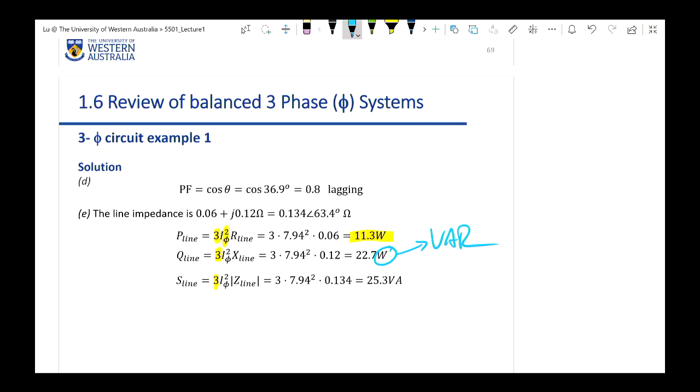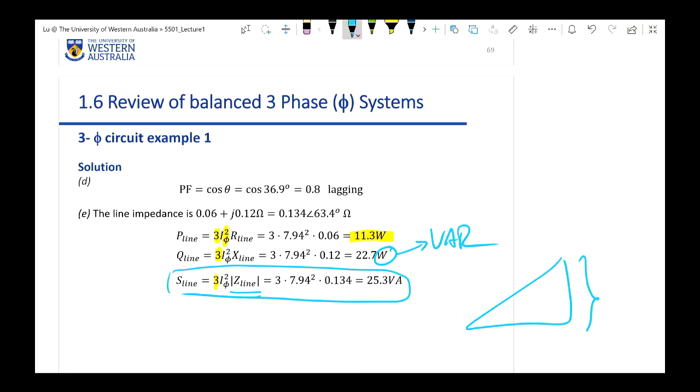Finally, the apparent power of the transmission lines. You just use the magnitude of the impedance of the transmission cable to do the calculation. If you do not like this formula, you can use the power triangle. Now I'm talking about the power triangle for the transmission cables. This is Q line, the total reactive power consumed by 3 transmission cables.